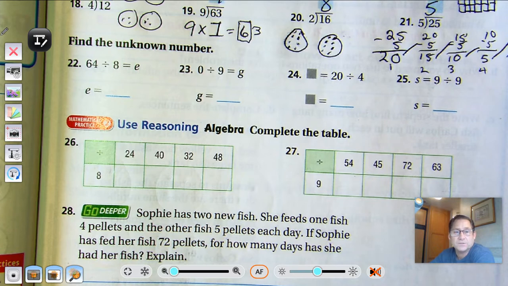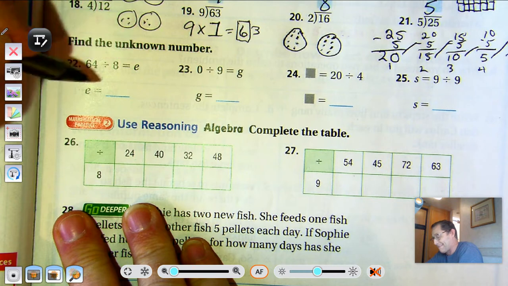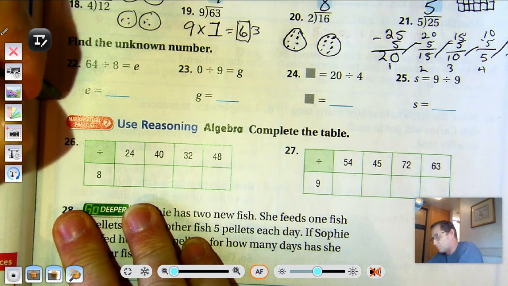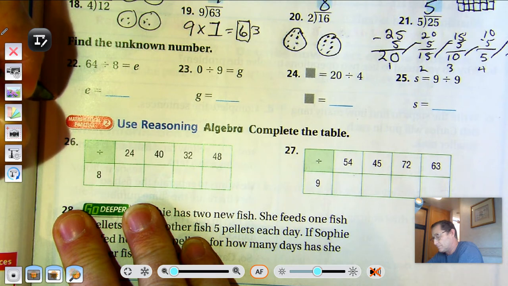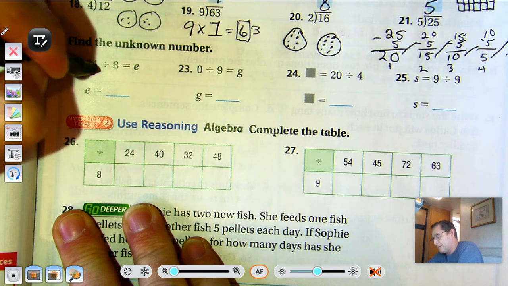Find the unknown number. 64 divided by 8 equals some unknown number. 8 times what equals 64?